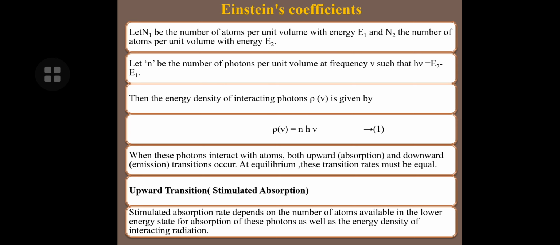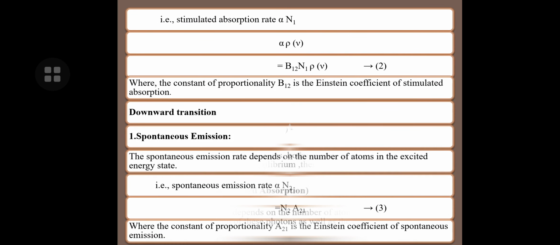The stimulated absorption rate depends on the number of atoms available in the lower energy state for absorption of these photons, as well as the energy density of interacting radiation.